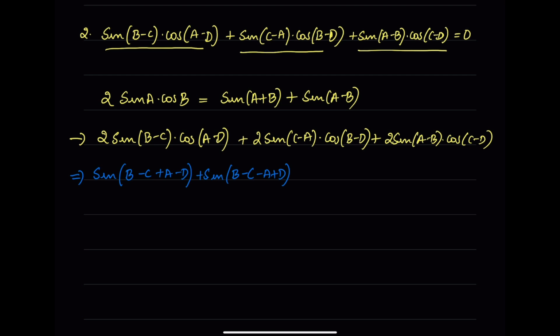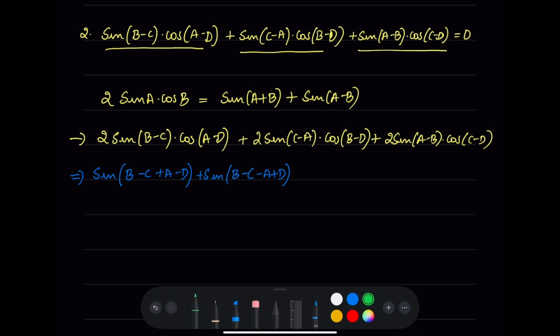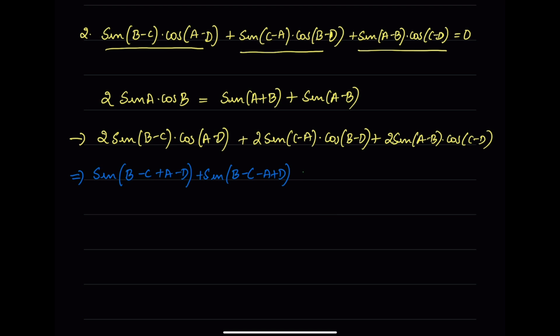Now I'm going to solve the second part. This will be plus sine of (C minus A plus B minus D), then plus sine of (C minus A minus B plus D).